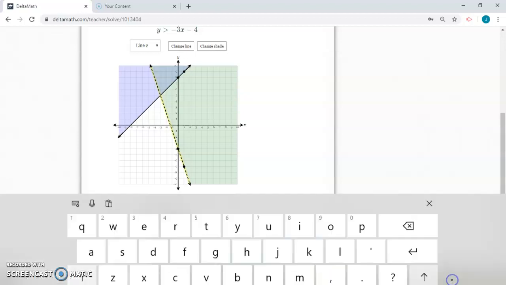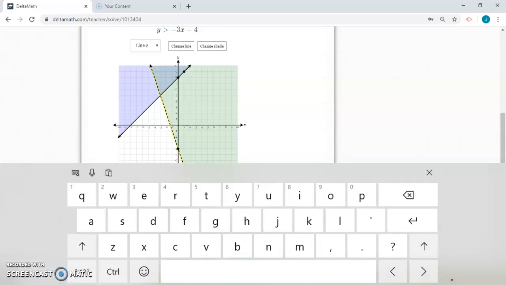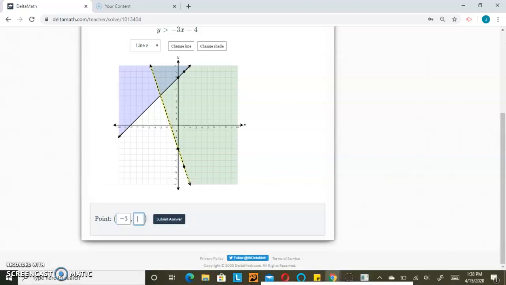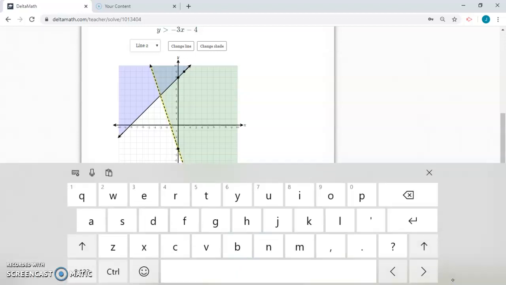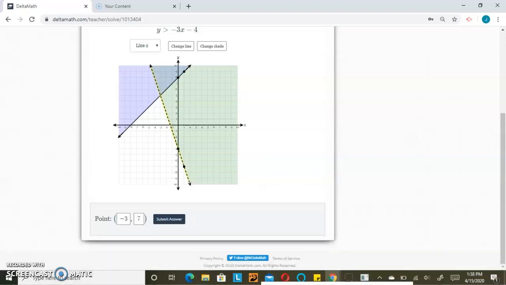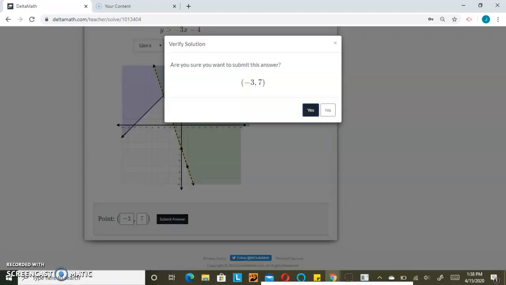So let's go back to the keyboard, and I want to put a negative 3. Then in my y coordinate, I'm going to put a positive 7. Okay, so submit answer.